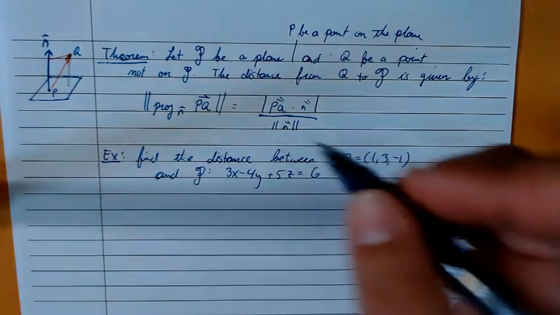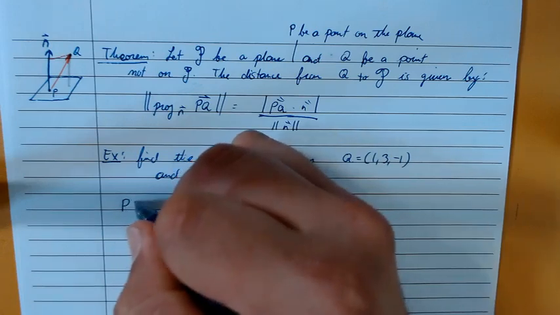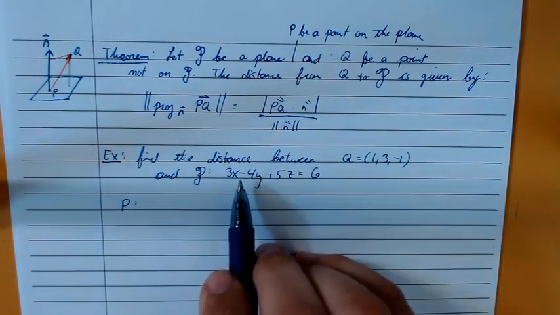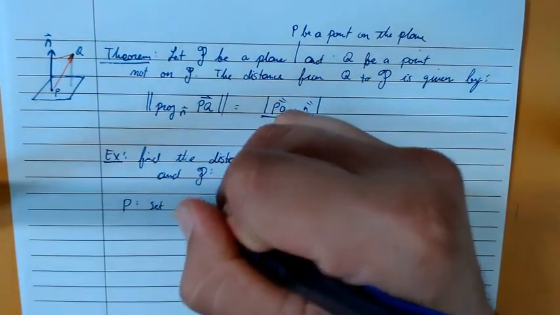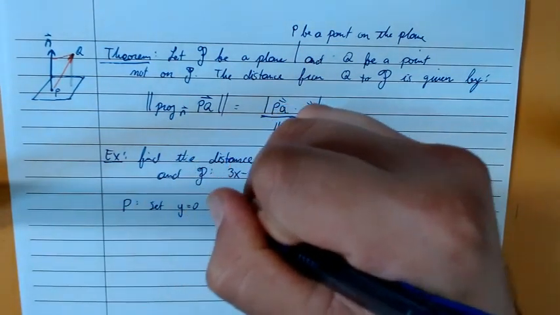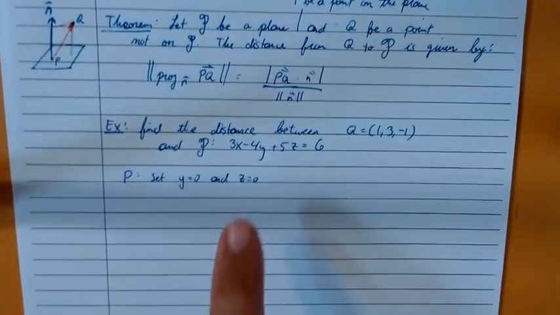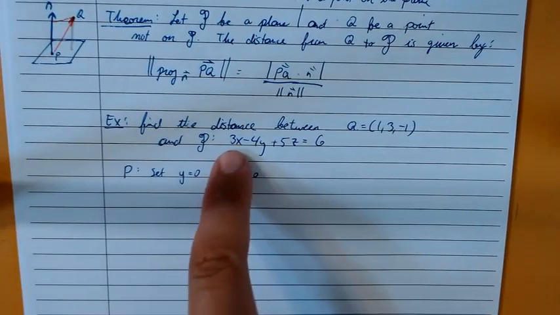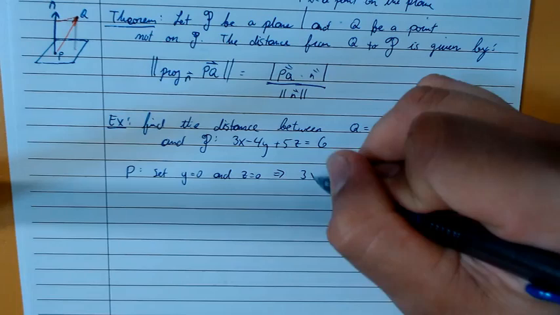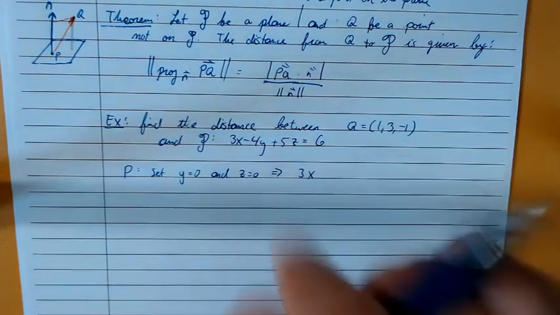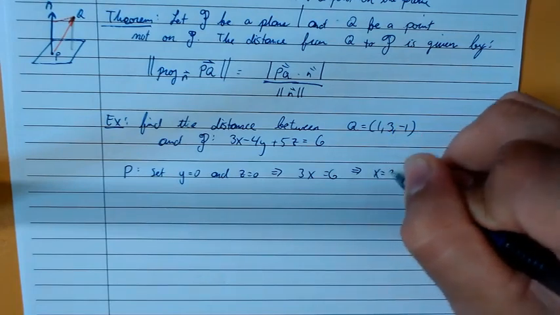All right, so here we go. Let's see, the point P. I'm going to go ahead and set y and z equal to 0. Why? Because 0 is a nice easy number. And also, x would be a whole number here. I wouldn't have to deal with fractions. This would lead to 3x plus 0 is equal to 6, or in other words, x equals 2.